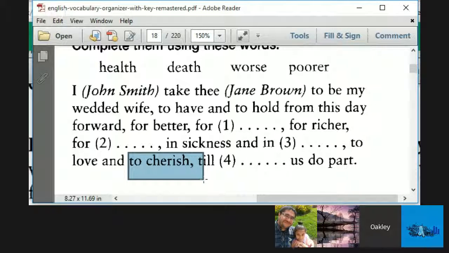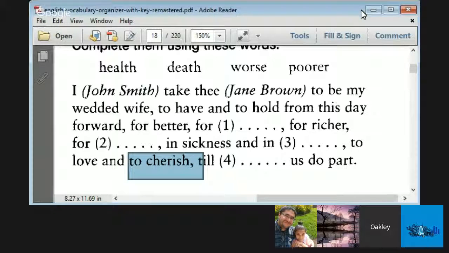You would keep it in a special place. You would never want to lose it. You would be very sad to lose it. It's an extremely important thing to you, to cherish something. So basically, strong love.